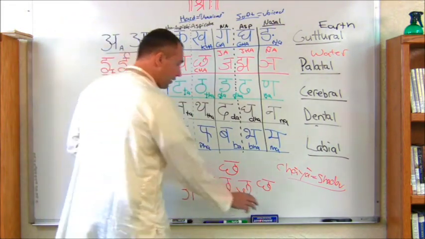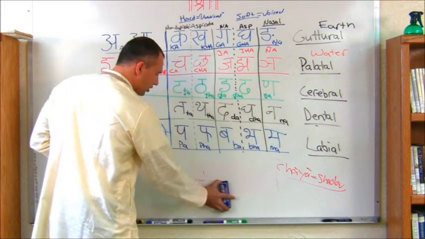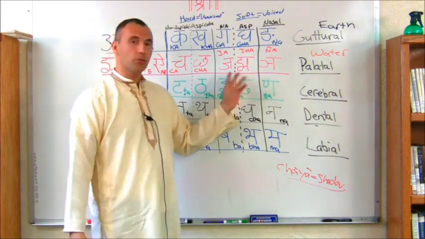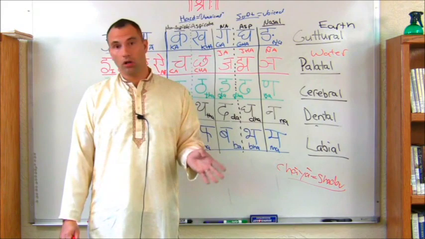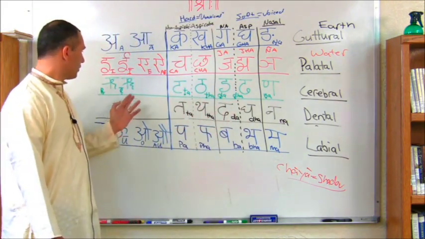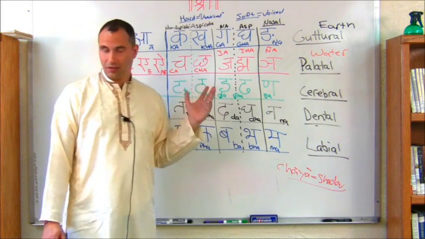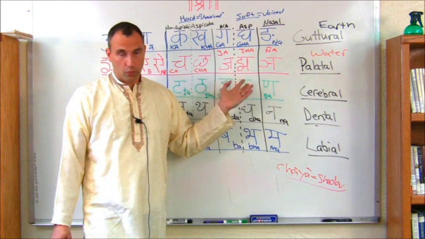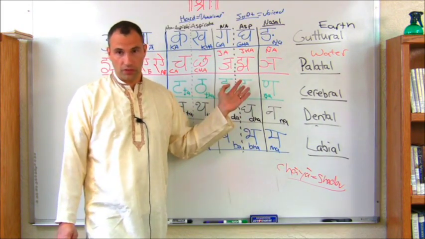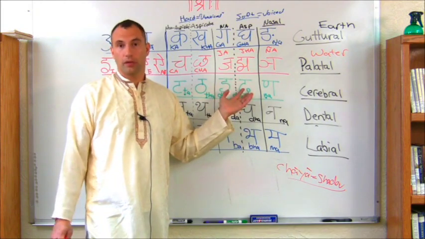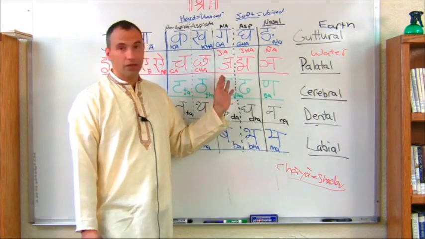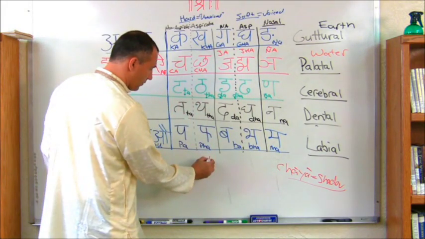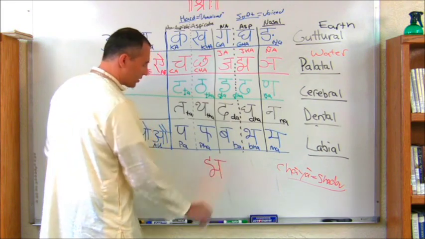Okay? And next is the letter jha. Jha is an interesting one. This one you're not going to see used much at all. It's like the r, lri, those vowels. Jha is very rare. In fact, if we run across it once or twice in the course of these 12 weeks or so, it'll be probably too much. So nothing against jha, but we still have to learn it. That's how I do it.